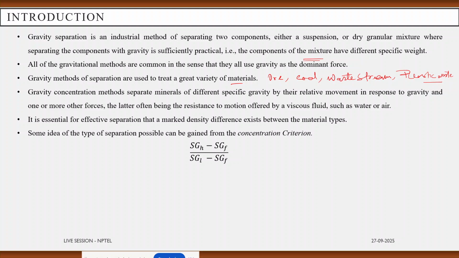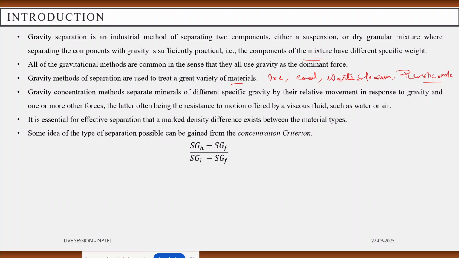It is very essential to have very effective and clear-cut separation of those mixture of particles, so it will be very helpful for us to go for gravitational methods, this kind of sedimentation separation, if they have a marked density difference.